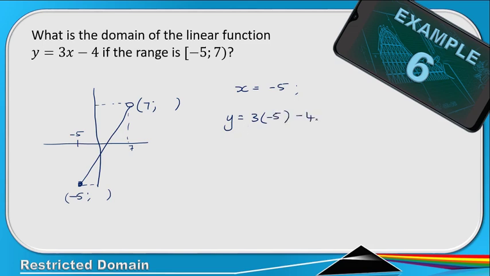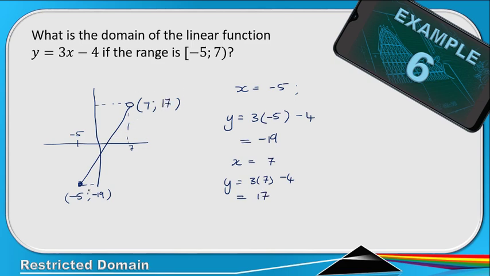So this is -15 minus 4 is -19. So this is then -19. And then for x being equal to 7, we have y equals 3 times 7 minus 4. So that's 21 minus 4 gives me 17. All right. So then I have 17 over here.